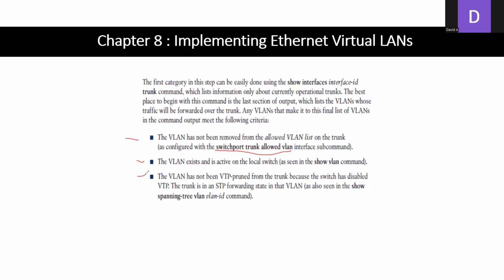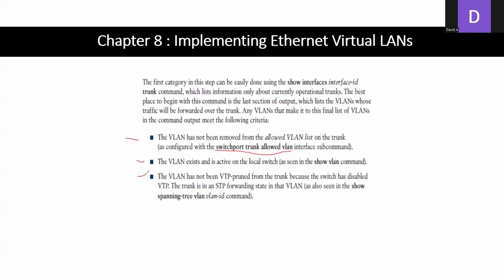Because in a VTP topology, all the slave switches are getting VLAN configuration from the master VTP switch. If it hasn't been pruned, or this switch is not part of the VTP topology, it's going to be on that trunk.